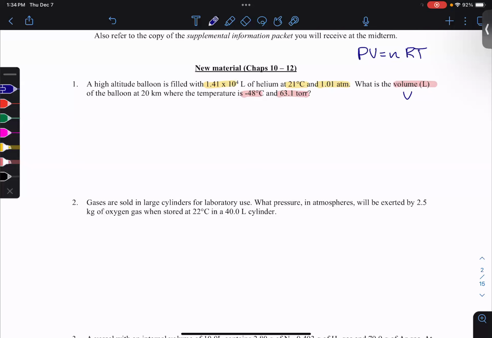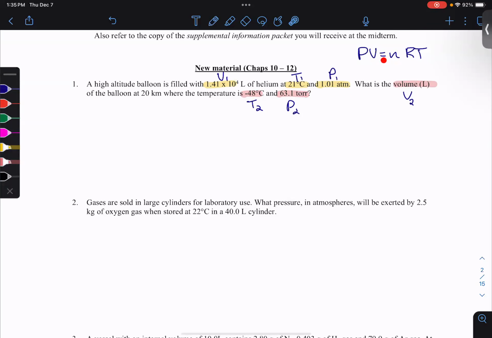How we approach this question is we recognize, see how I highlighted this in different colors, that we have one set of volume, temperature, pressure data, and we're given new temperature and pressure data. So we have a sample that's undergoing some condition changes, where its temperature or pressure or volume is changing, but we're taking that same sample and just changing where it is.